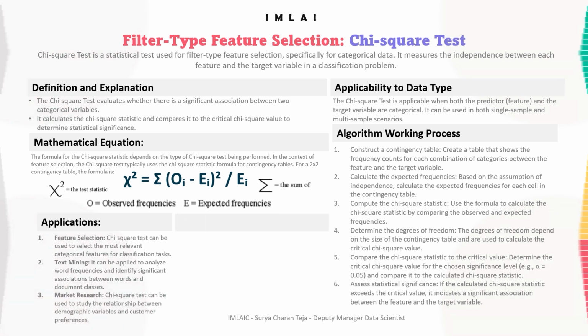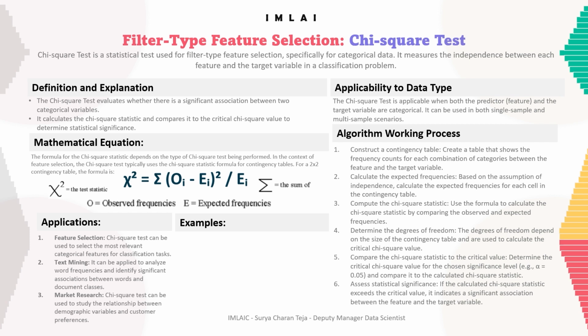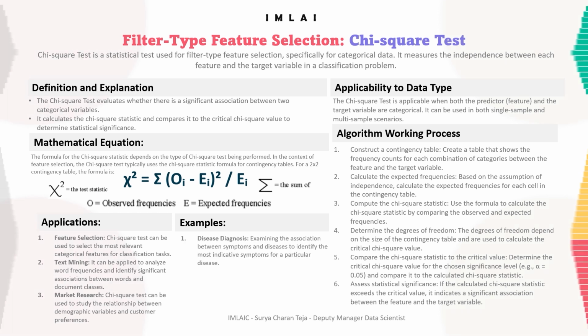So let's look into the examples. We can do disease diagnosis with this, examining the association between symptoms and diseases to identify the most indicative symptoms for a particular disease. Similarly, we can go for market segmentation, analyzing the relationship between customer demographics and product preferences to determine the most influential factors in market segmentation.